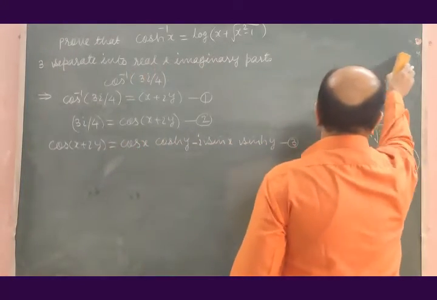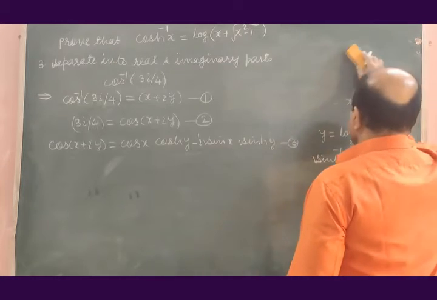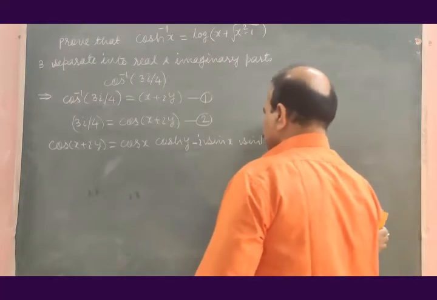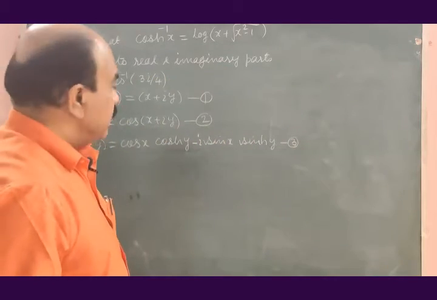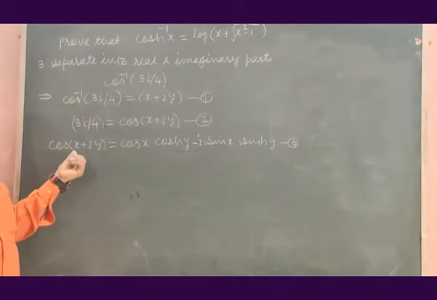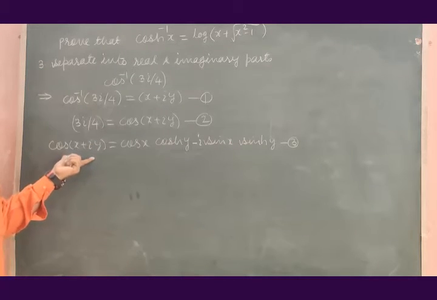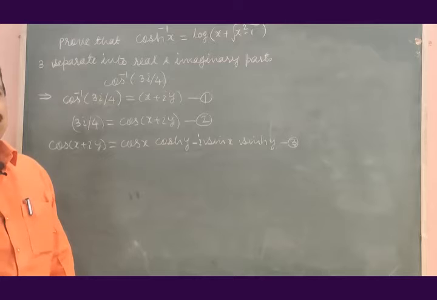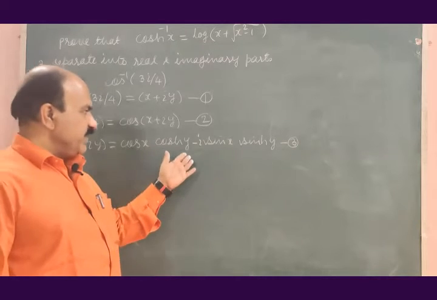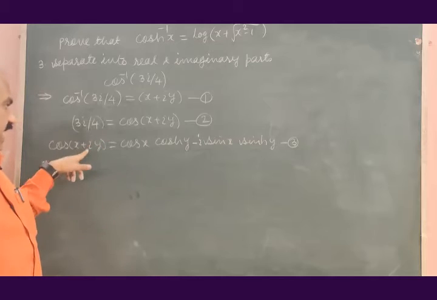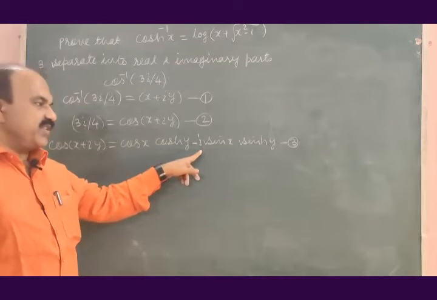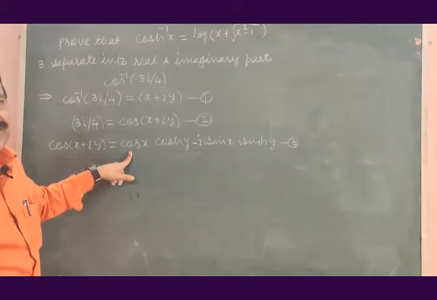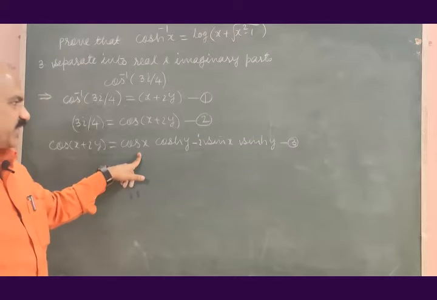Try to recall the hyperbolic functions I wrote yesterday. Cos a plus b is cos a cos b minus sin a sin b. Here i is present, so i is taken here. Cos ix is simply cos x, so I have written cos x.